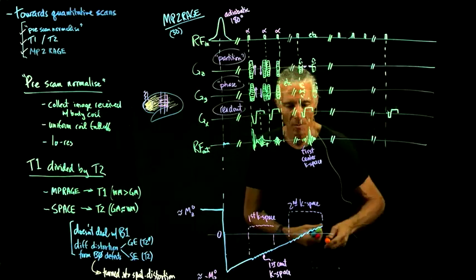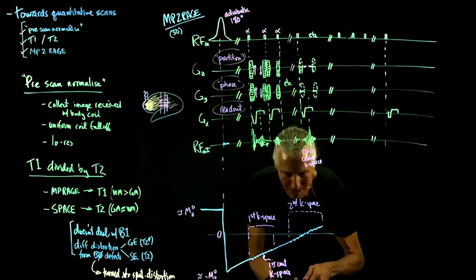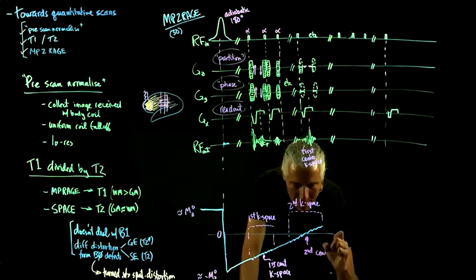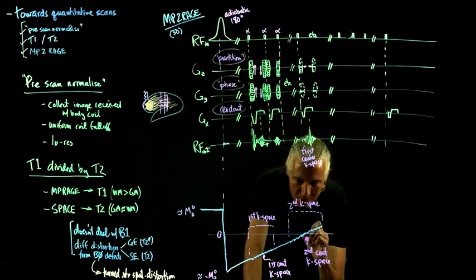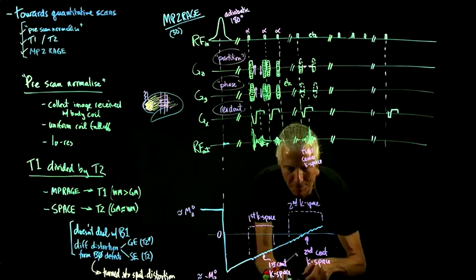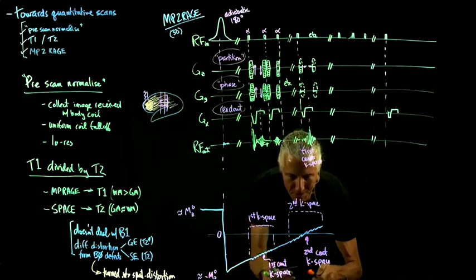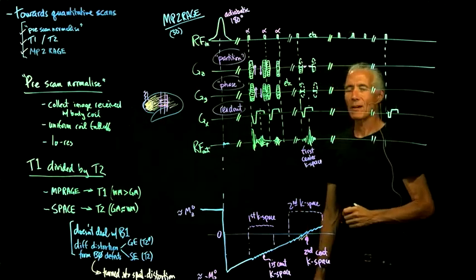So our hope is that when we record the second center of k-space right here, we actually have our white matter recovered above 0, and then another one right below it like that, where our gray matter is still at 0.